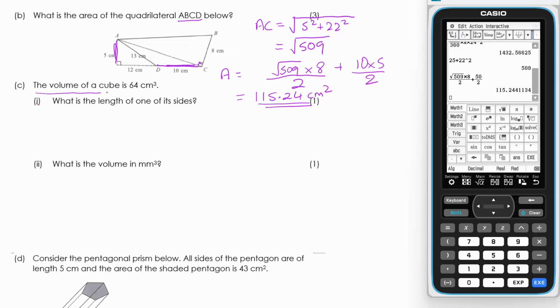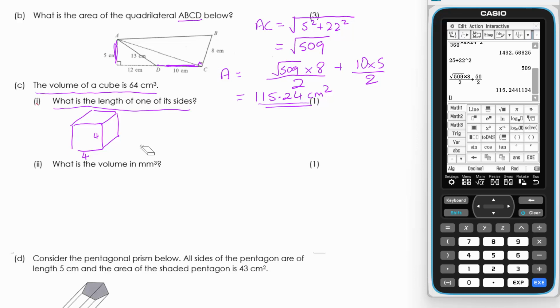The volume of a cube is 64 cubic centimeters. What is the length of one of its sides? Well, if it's a cube, the sides are all the same length. So it's going to be 4. 4 times 4 times 4 is 64.